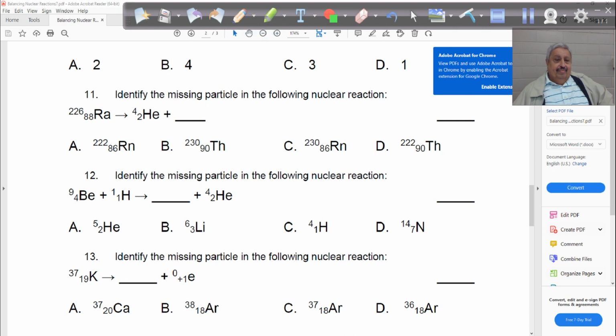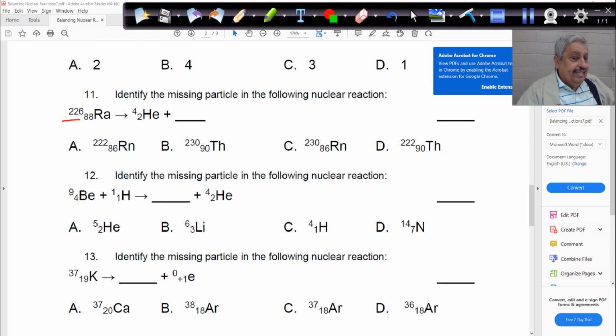So I have 226 and 88. So what will be at the top? The atomic mass at the top, what will it be? 226, correct, guys? So how about the atomic number? 86, guys, 86.